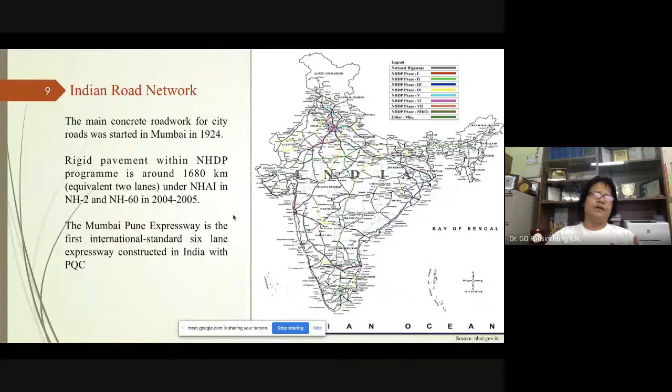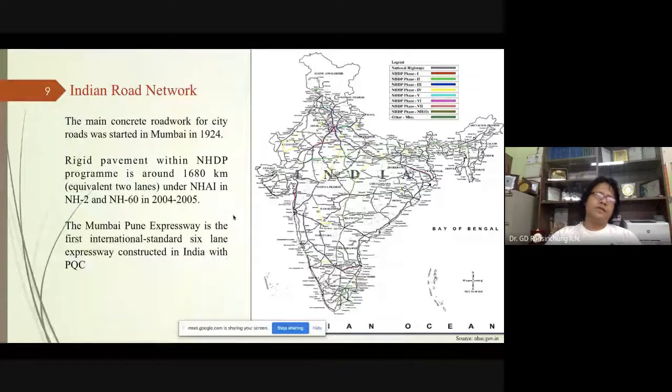A good example of an expressway constructed with PQC is the Mumbai Pune Expressway. Apart from this, the Noida Agra expressway is also one of them.